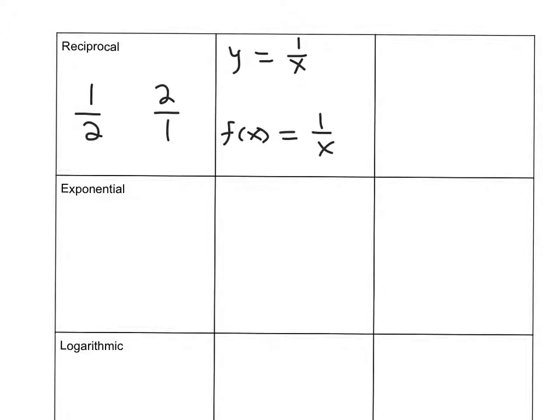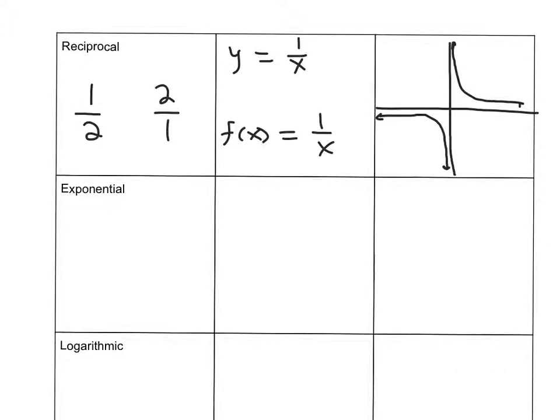Now this is one of our most interesting graphs, as the one problem with this graph, if you think of the x value of 0, 1 over 0 is undefined. So we can't have 0 as one of our values. So what the graph ends up looking like is a curve here, and a curve here.